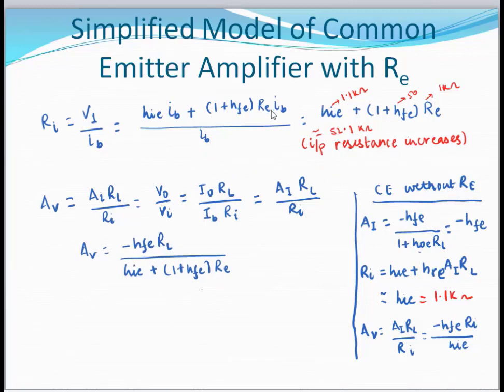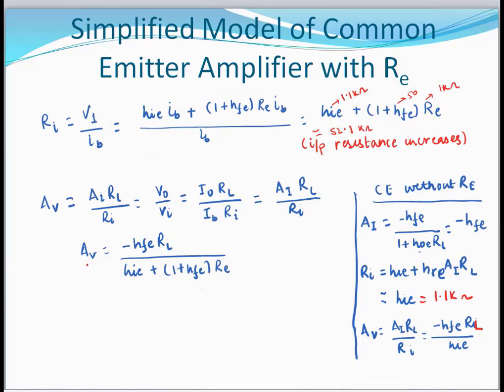And in case of voltage gain, you can see here that common emitter without RE, AV is equal to minus HFE RL by HIE. It is RL actually. This can be compared with this value.